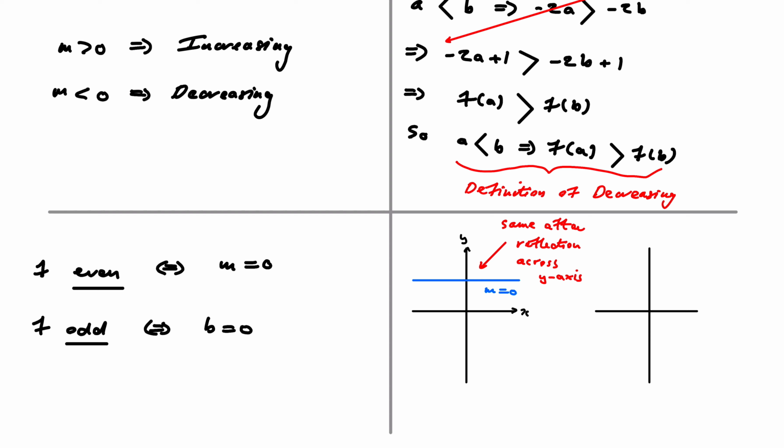And now if b is equal to 0, what does that mean? Well, it means it's going to cross through. It's going to cross through. So this corresponds to b is equal to 0.